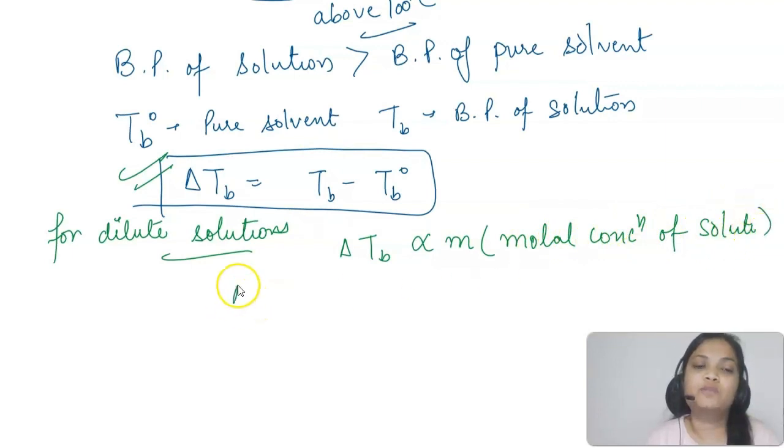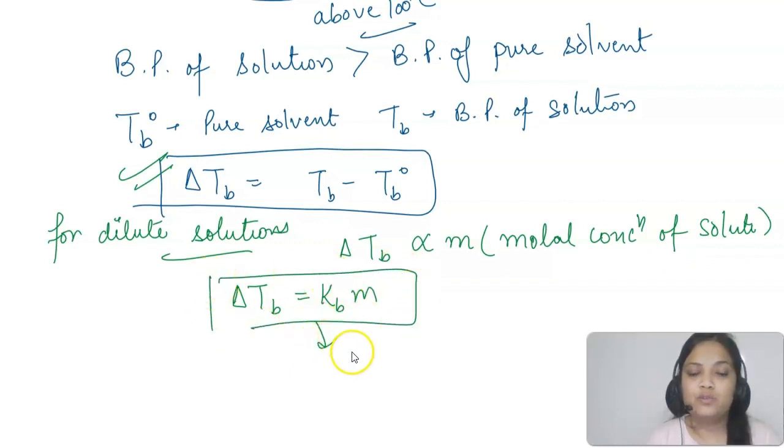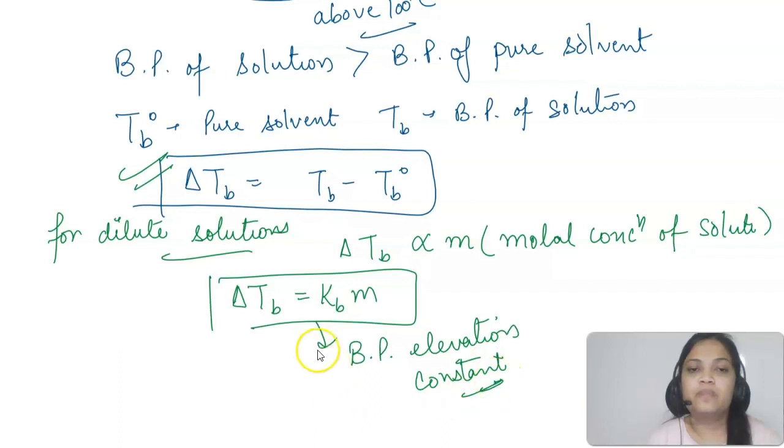If I remove the proportionality sign, I get the proportionality constant Kb, which is very important. This is known as the boiling point elevation constant or the molal elevation constant. Its units are Kelvin kg per mole. You must know that.